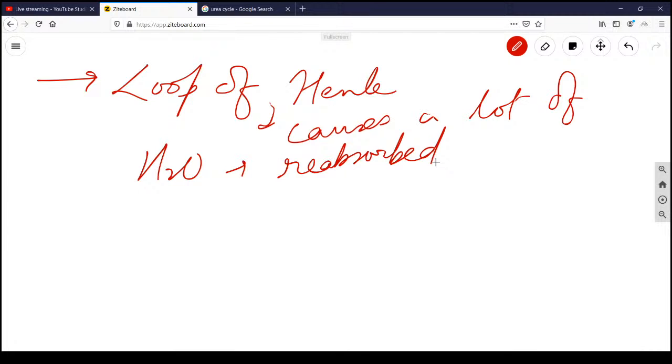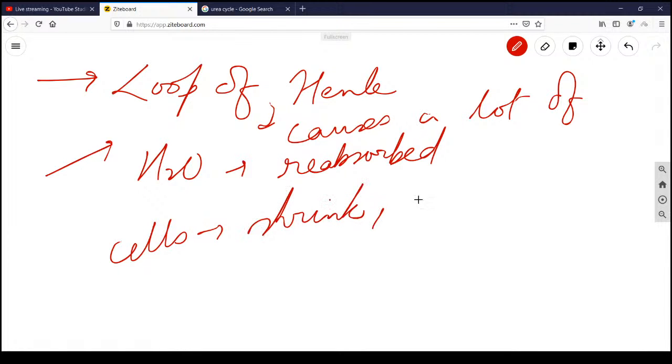So in the absence of this process, in that 26th question, the first of the day that we discussed, if the loop of Henle is taken out, what will happen? The water will not be reabsorbed, and then what will happen? The cells would directly shrink, and ultimately necrosis or cell death will occur.